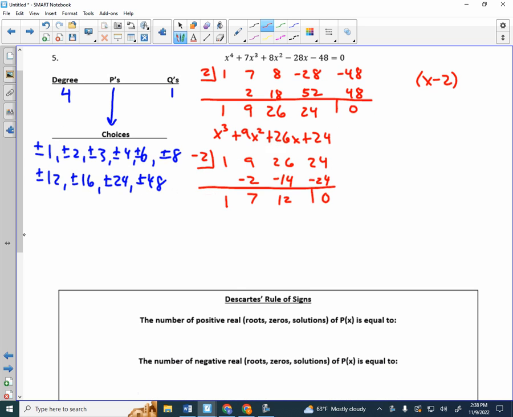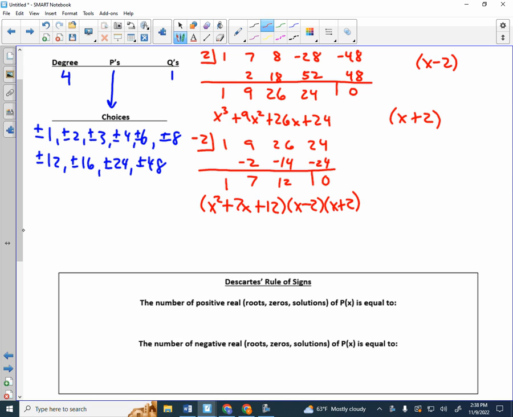So it turns out that x plus 2 was also a factor. And so I have x squared plus 7x plus 12 times x minus 2 times x plus 2. Does x squared plus 7x plus 12 factor? To what? And so we can see that our solutions are, in fact, positive 2, -2, -3, and -4.